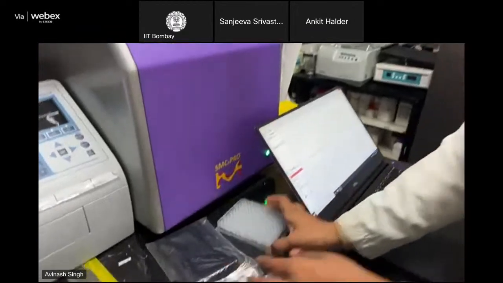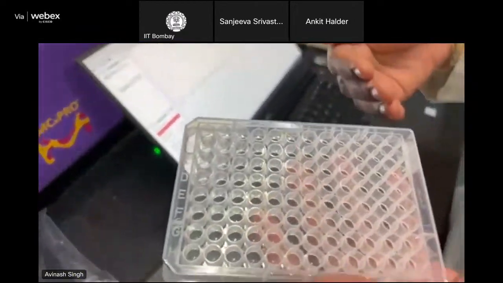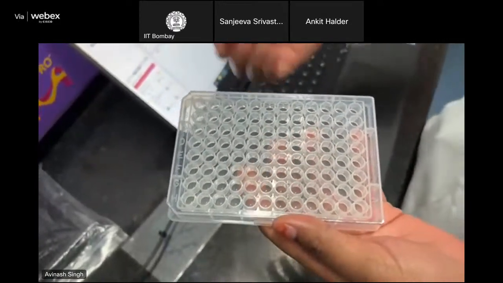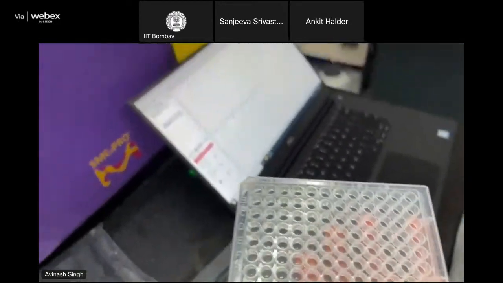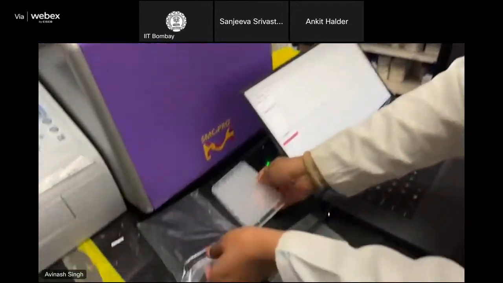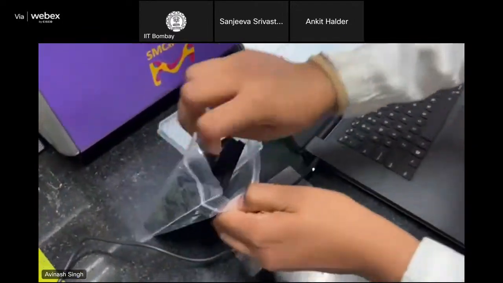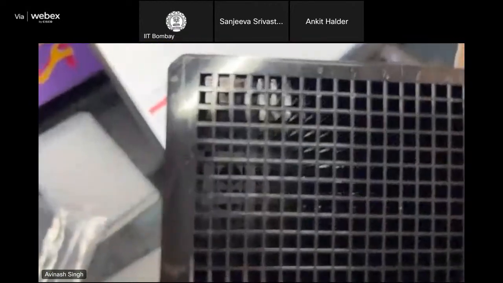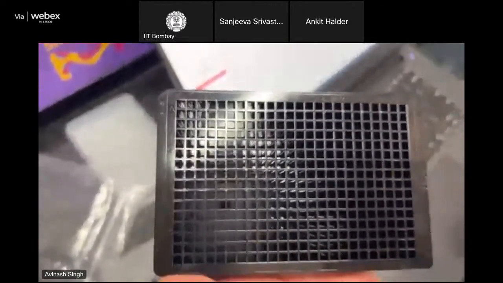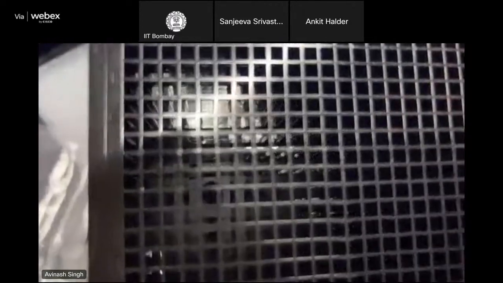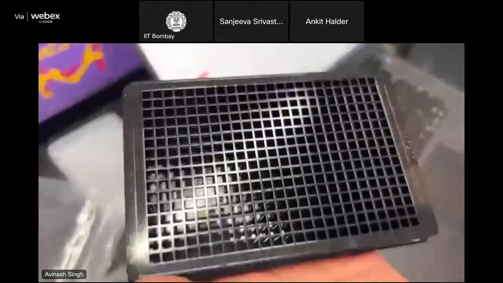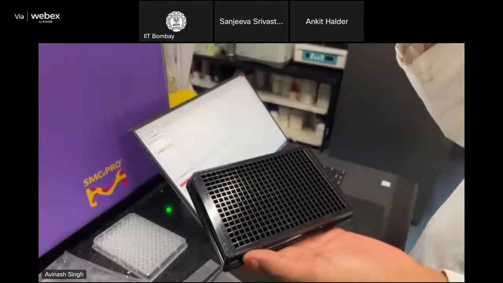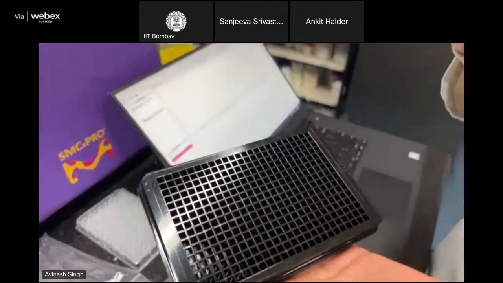After the entire experiment is performed in this plate, and after appropriate washing, the analyte which is to be analyzed in this instrument is taken up and added to this particular plate. As you can see, it has very small wells, so that even small volumes can be analyzed, and that is how even small levels of the analytes can be measured.